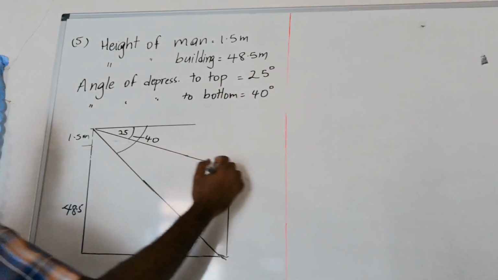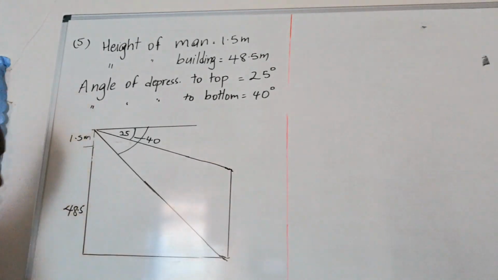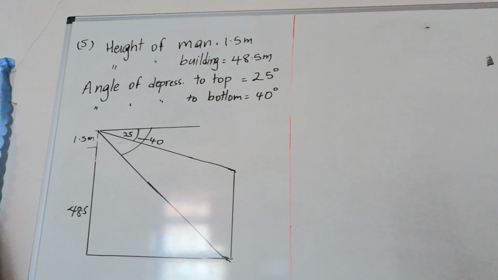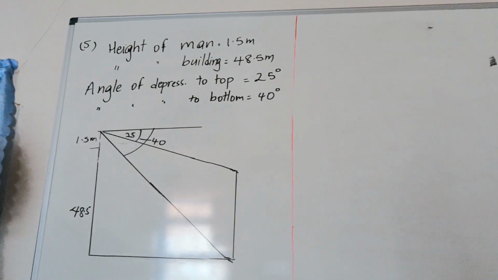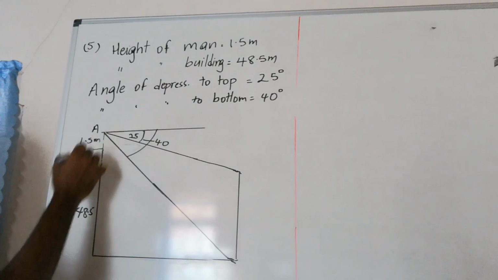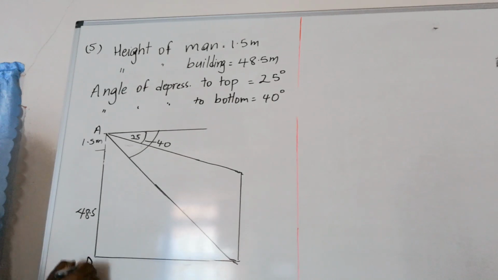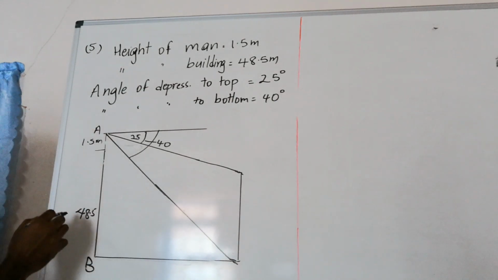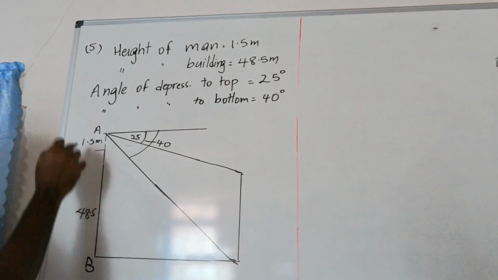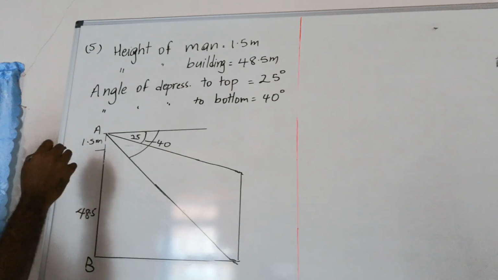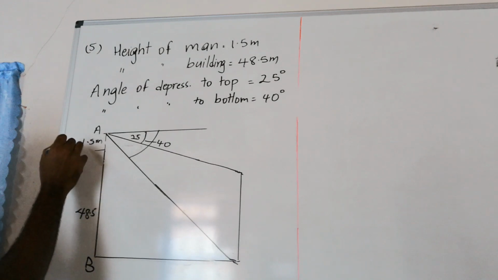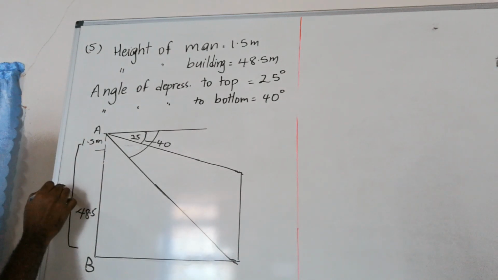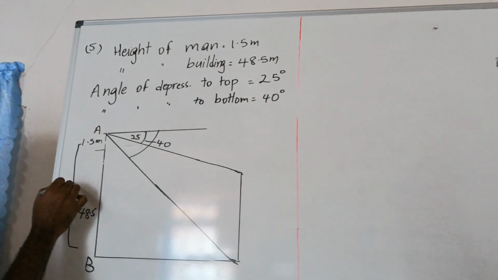All right, now let us label some of the sides. Let's label them A, B, and C. So AB will be the height of the man plus the building, and the total height here will be 48.5 plus the 1.5. So the total height of the man and the building will be 50 meters.